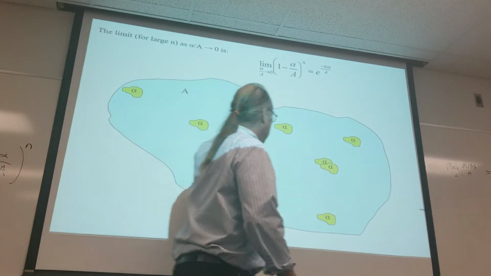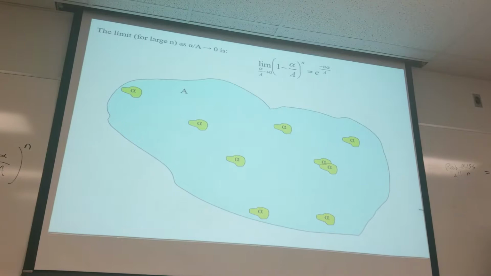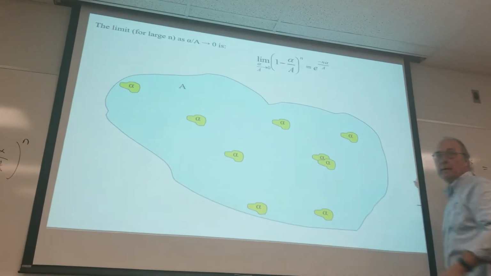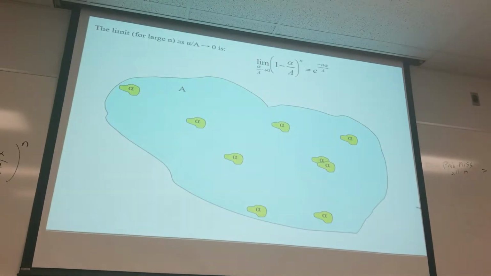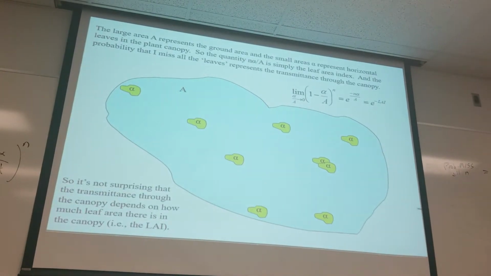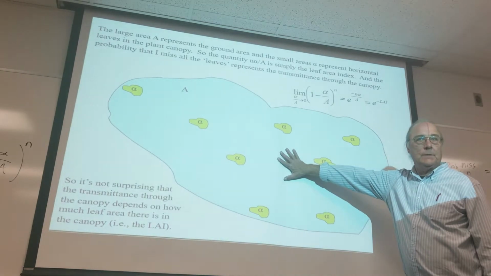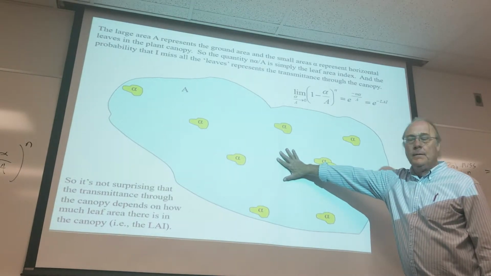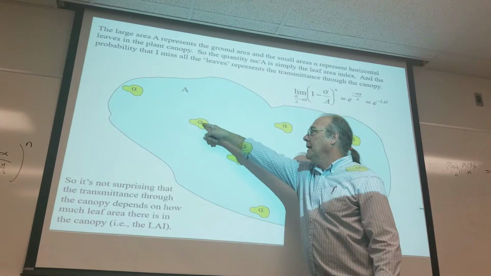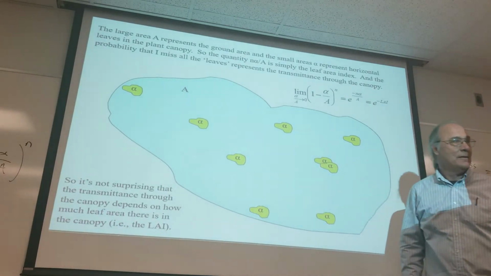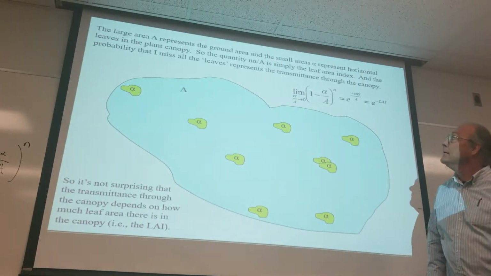If I have a whole bunch of these now, and they're pretty small compared to this large area, A, this blue area, represents the ground. These small green alphas represent leaves in the canopy.